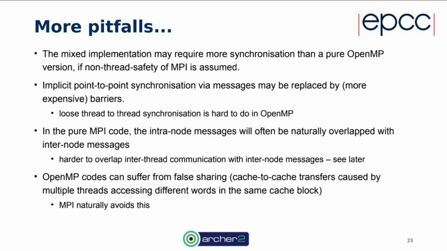So there's no way that two MPI processes can access neighboring words in memory, unless we're using MPI-3 shared memory segments, of course. But apart from that, there's no way that MPI can suffer from false sharing.